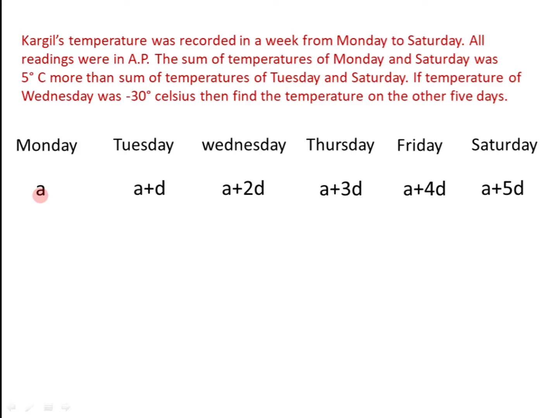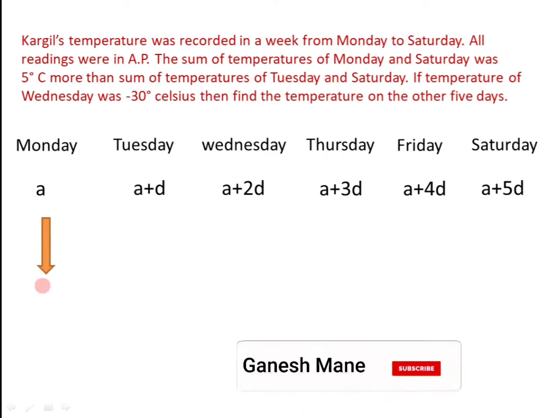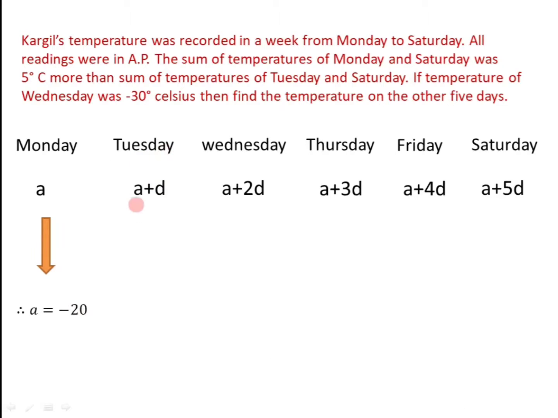So A, that is the first term, we have just found to be minus 20. So the temperature on Monday was minus 20 degrees Celsius. On Tuesday we have A plus D, that means we have equation A plus D, that is minus 20 minus 5 is equal to minus 25. So on Tuesday the temperature was minus 25 degrees Celsius.